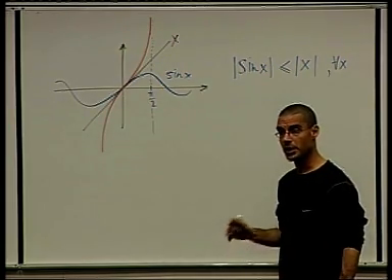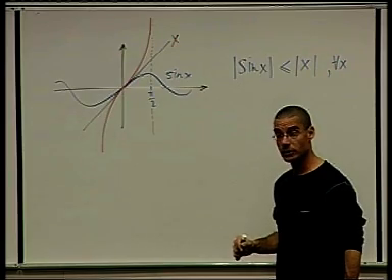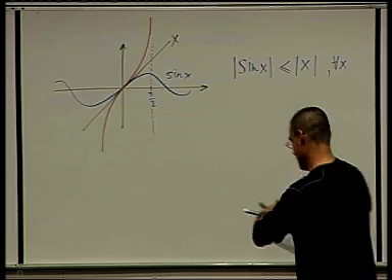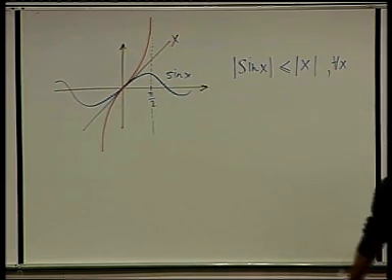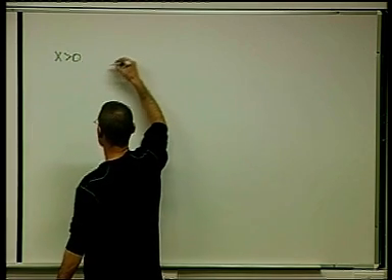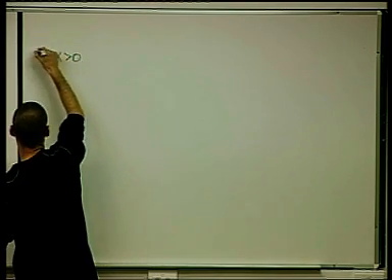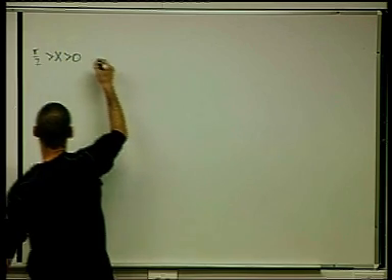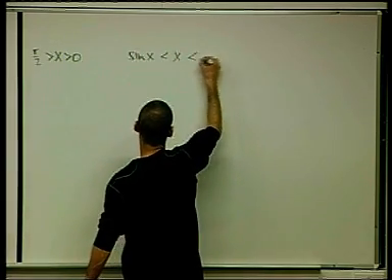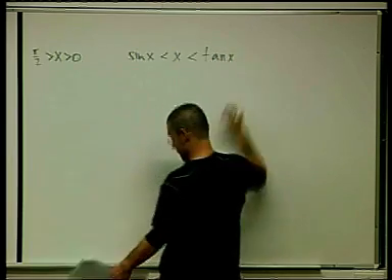We wanted to prove that sine x over x approaches 1 as x approaches 0. So now we have all these facts, so let's do it. So for x greater than 0 and less than pi over 2, we know that sine x is less than x is less than tan x.